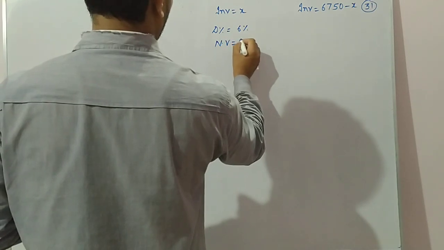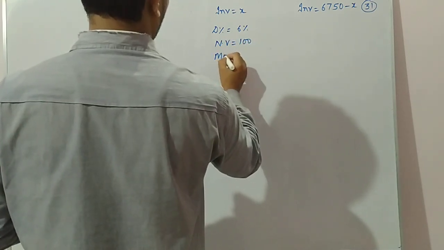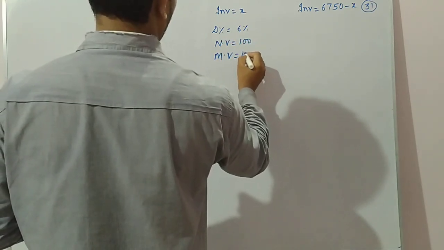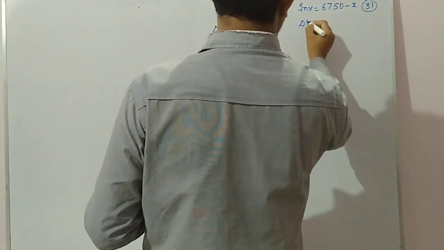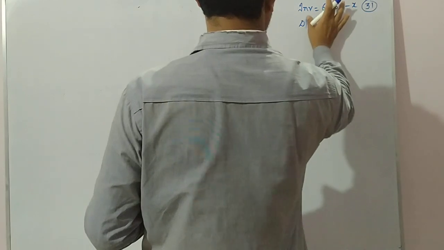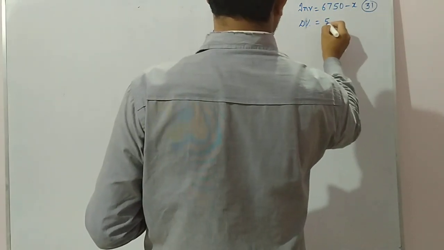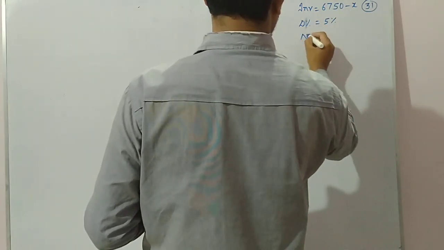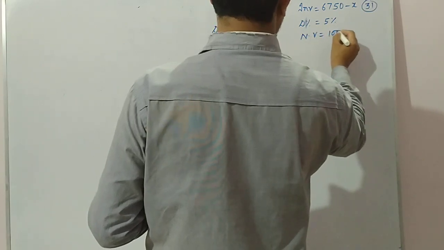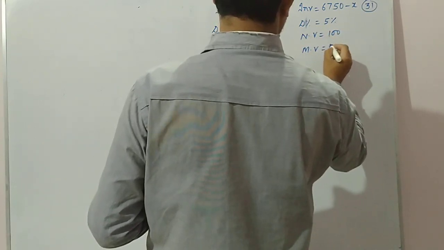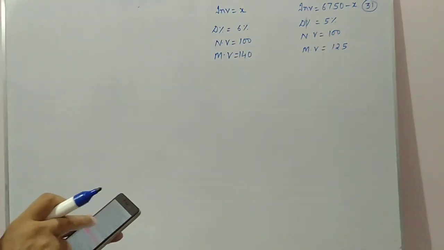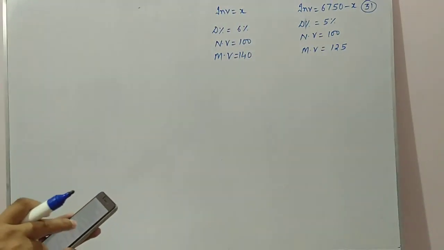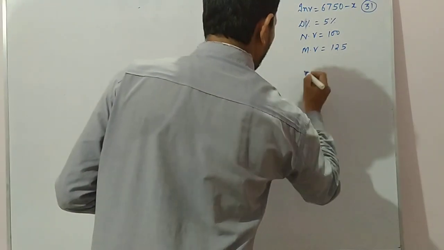Nominal value 100. Market value, that is 140. Second case, 5% shares. So dividend percent, that is 5%. Nominal value 100. Market value is given to be 125. We'll find the number of shares.